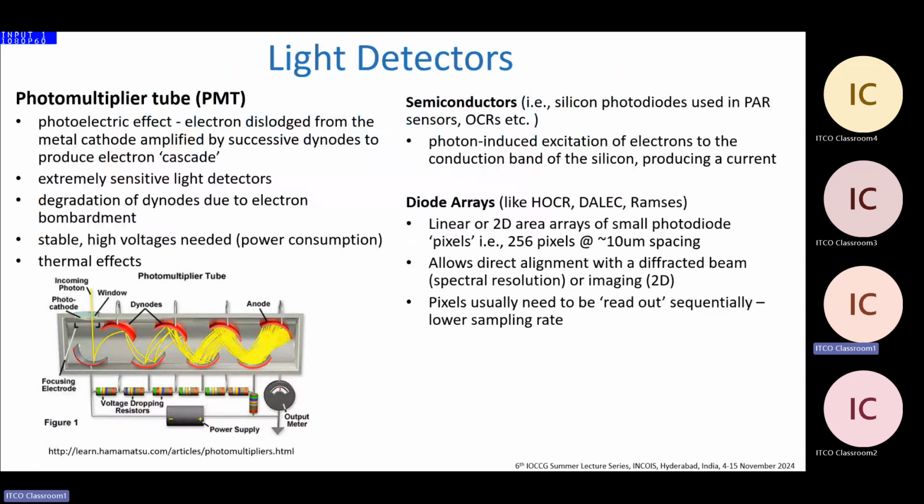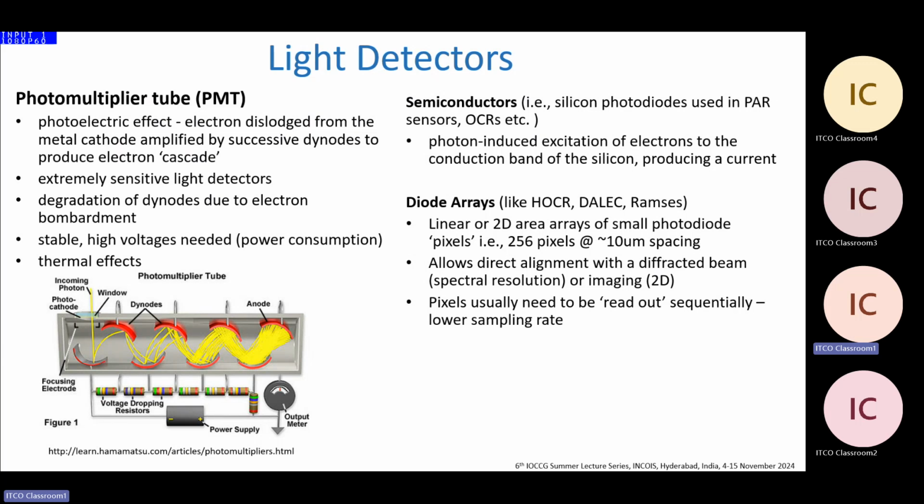And there are a few different methods for detecting this radiant flux. The photomultiplier tube is probably one of the earliest ones. It uses the photoelectric effect, where a photon will dislodge an electron. The way the photomultiplier tube is designed, you've got a whole bunch of diodes which collect these emitted electrons.